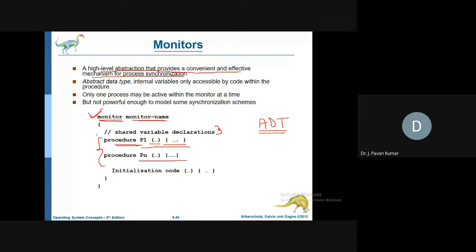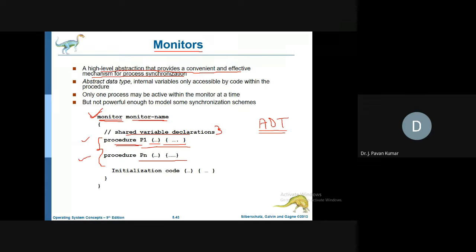Keep in mind, we are allowed to use only these procedures. Through these procedures only we are able to access and make use of shared data. So how shared data needs to be modified, how it needs to be accessed, all these things will be defined in these procedures.